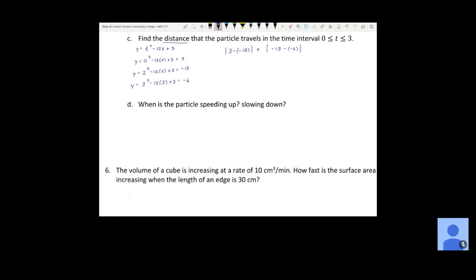If we do 3 minus negative 13, what's that going to give us? Good, that should be 16 for this one. Plus, negative 13 minus negative 6 is going to give us negative 7. Taking the absolute value should give us 7. And now if we add them together, what do we get? Perfect. 23 is the total distance that's traveled in this case.